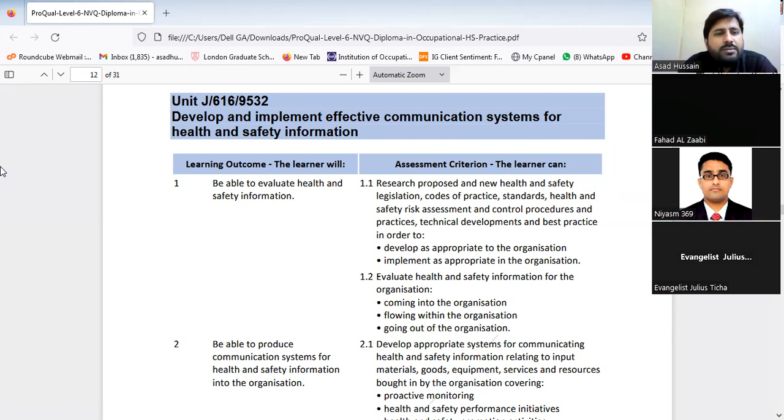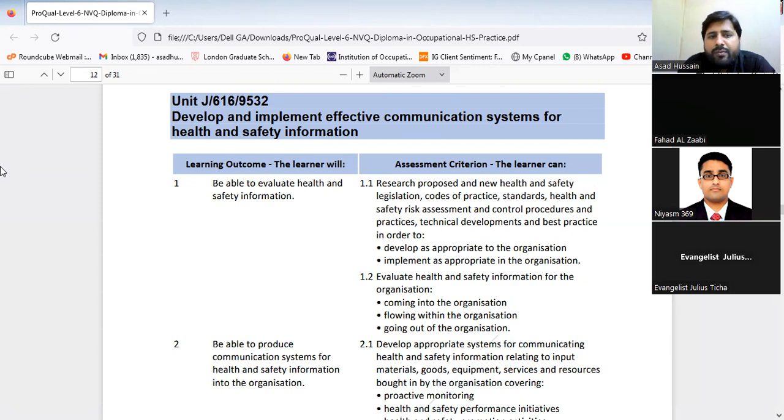Now moving forward, the first learning outcome is be able to evaluate health and safety information. Actually, in this learning outcome, the focus is on the evaluation of health and safety information with respect to research purpose.